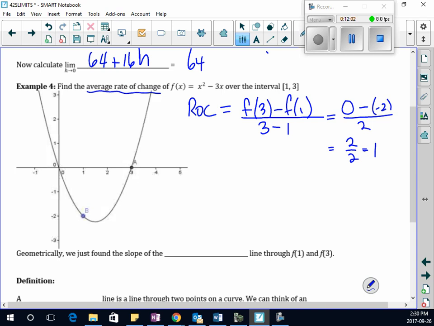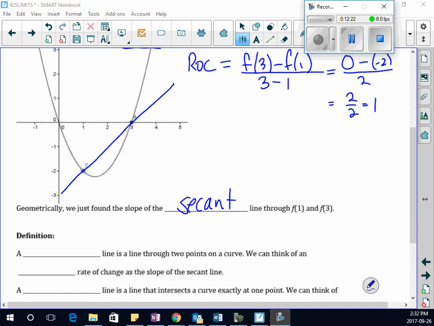So what's happening there? Well, if I actually go from here to here and make a line, guess what that slope is? It's actually 1. The secant line. Geometrically, we found the slope of the secant line through f of 1 and f of 3.